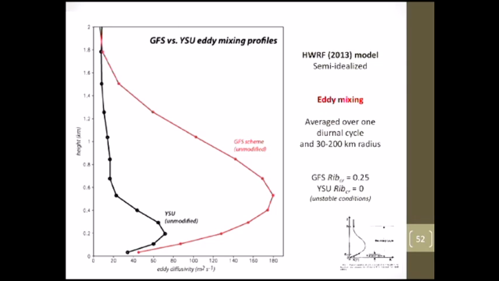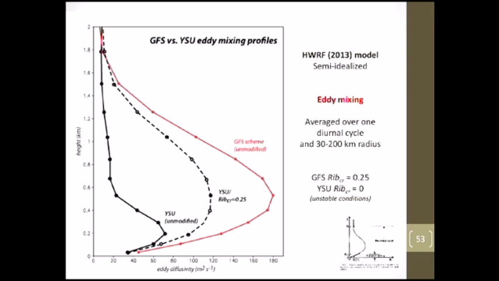So if you go through the papers over the years, you'll see that one of the ways that these PBL schemes diverged is they changed their idea of what the critical Richardson number should be in various conditions. And so one chooses 0.25, and the other, when the surface layer is unstable, chooses a critical Richardson number of 0, okay? So that's not all the difference, but I can demonstrate that it's part of the difference and a large fraction of the difference by rerunning the YSU scheme with the same critical Richardson number that the GFS scheme uses, okay?